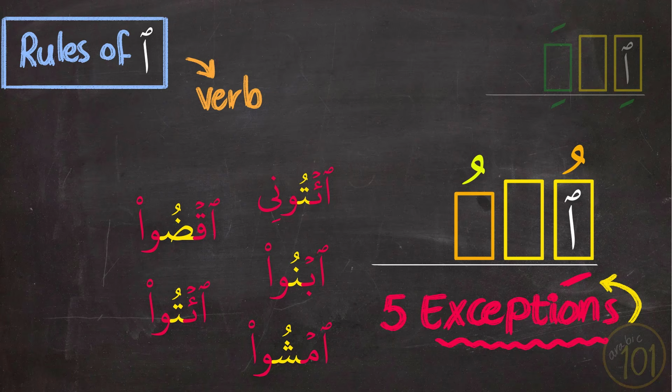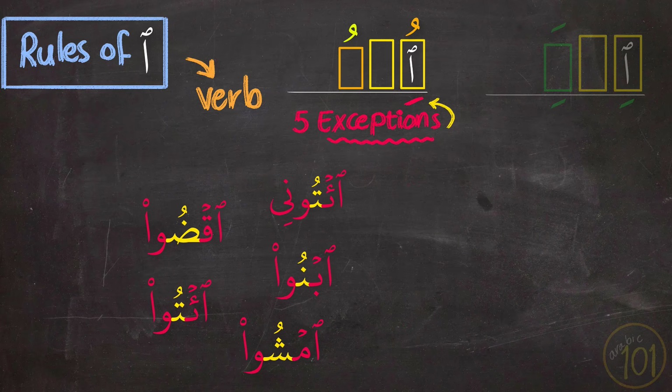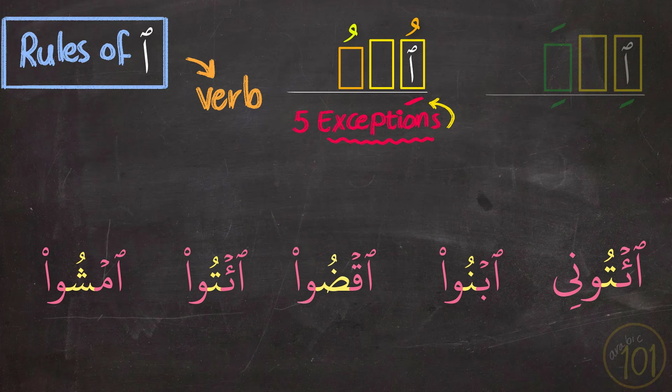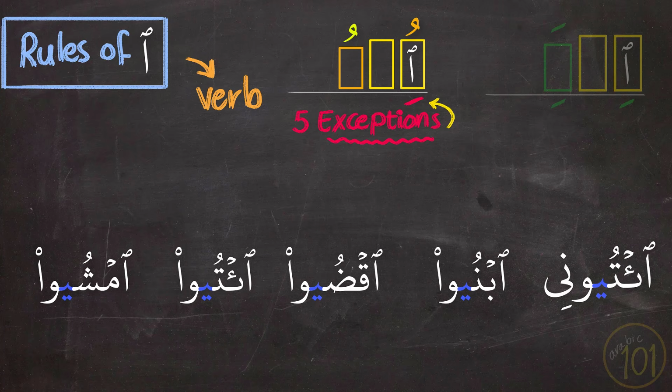And there is a reason why this is the case. All 5 of these verbs share one thing. Their original form actually contained ya right before the waw, since this is actually the original makeup of the word. And so, the third letter actually had kasra, not dhamma, followed by ya. Therefore, hamzat al-wasl then receives kasra normally.